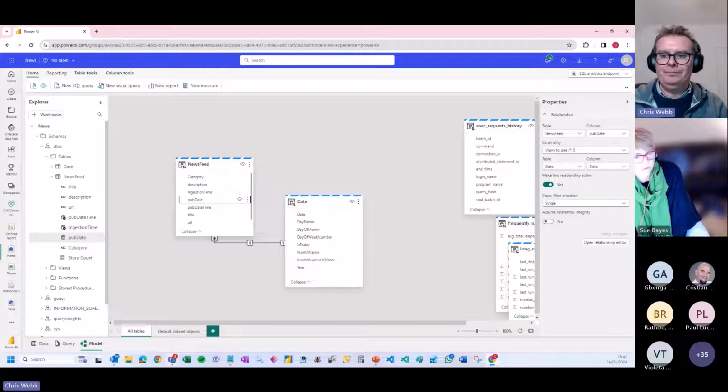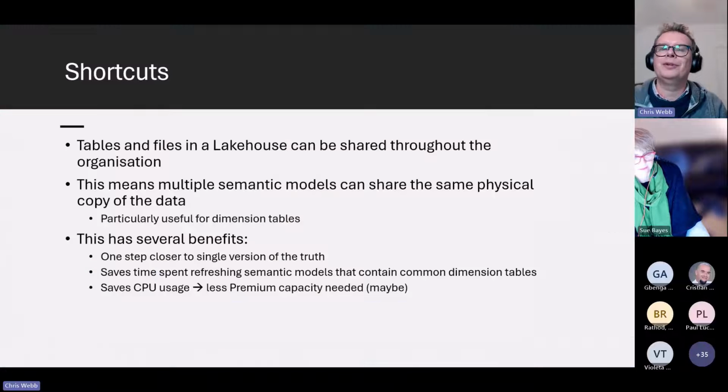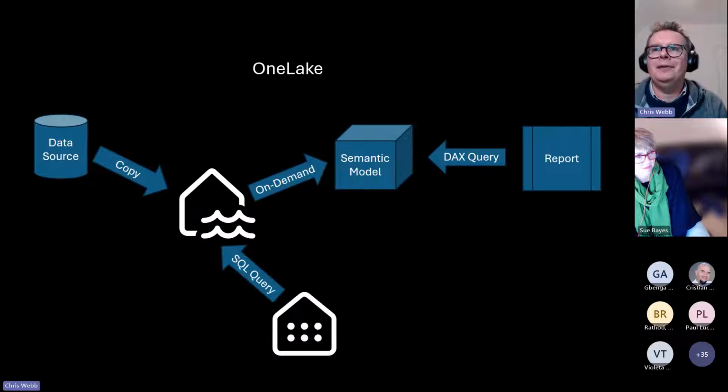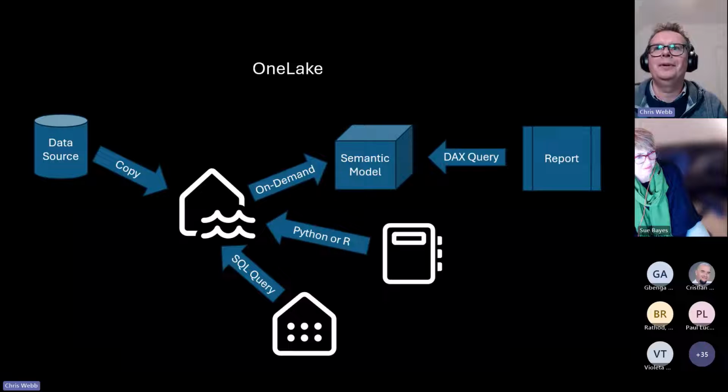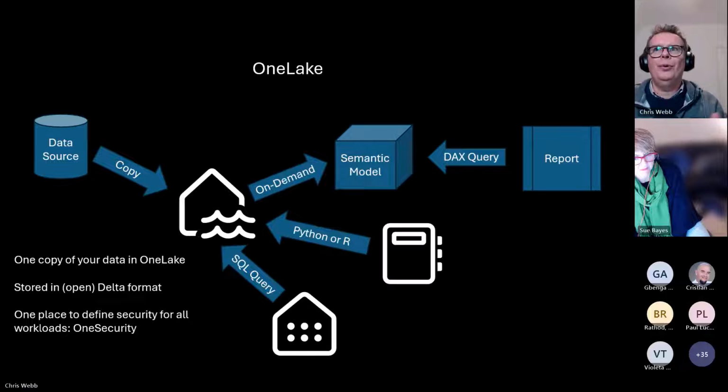And there's more, because once you've got your data in OneLake, you can not only build your reports on top of it, you can query it in SQL, and you can query it in Python or R. Kind of already just showed you how to do that. So all of those data scientists, all of those people who prefer to use SQL queries to analyze that data, they can just do that as well.